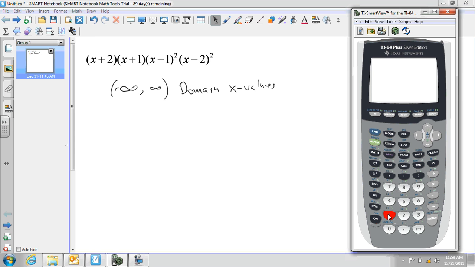Let's try that again. So I'm going to go Graph. I'm going to go Second Calc. I want to find a minimum, which is 3. Let's be a little bit more systematic here. Let's go to x equals -3. So left bound is -3. Does it like that? Yes, it likes that.